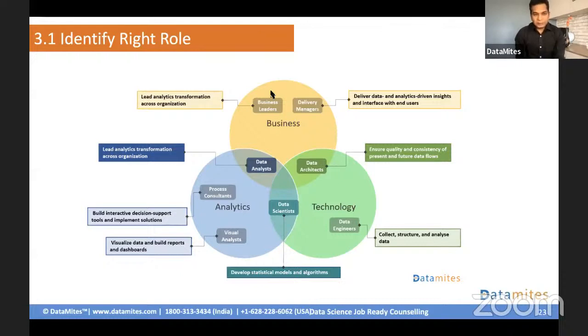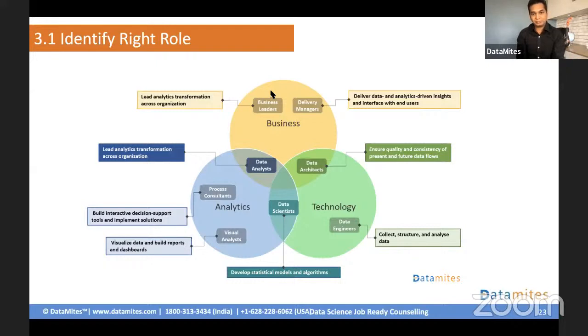So in the job application strategy, we actually start with identifying the right role. Because this is an evolving field, there are so many different roles. Some are technical, some are more on leadership and management, some are into data, some are into programming and modeling.